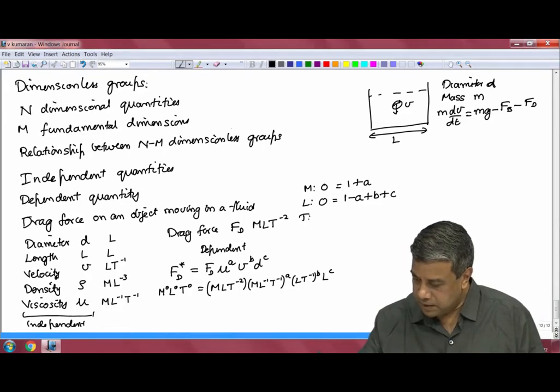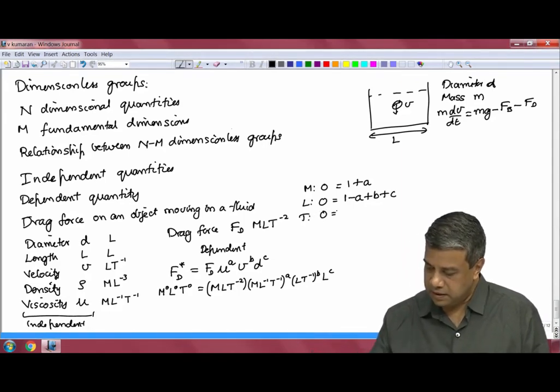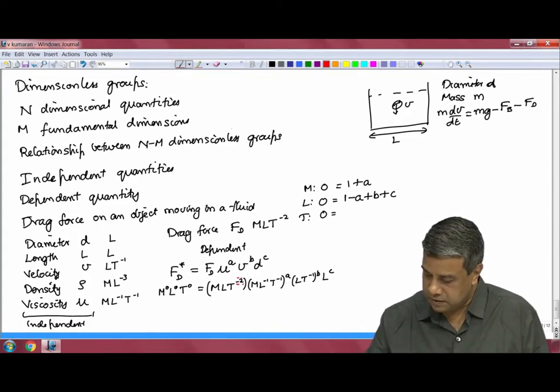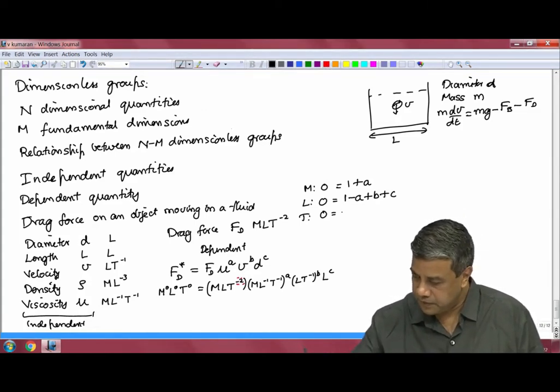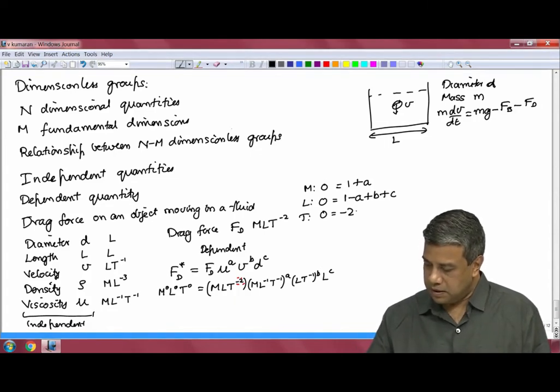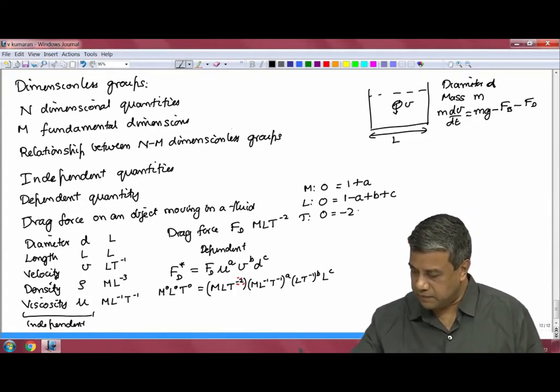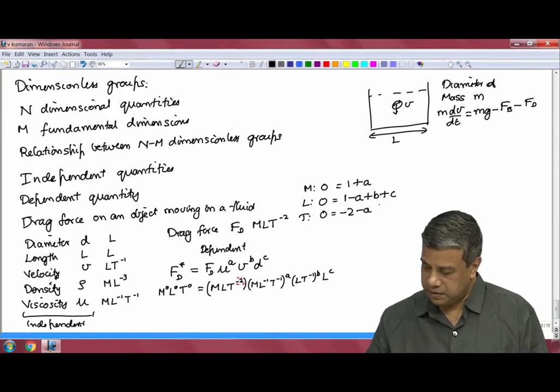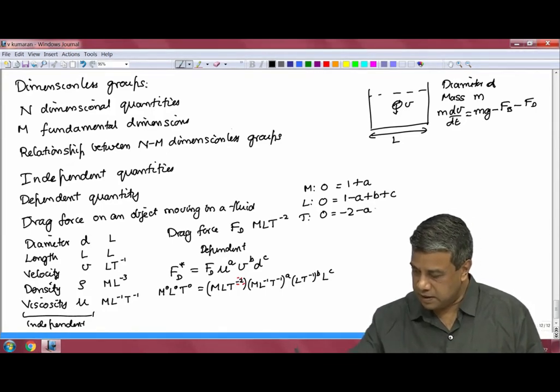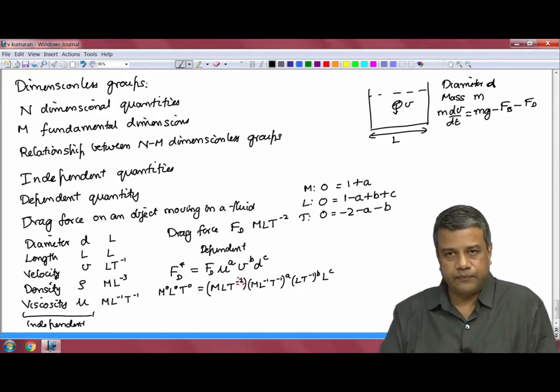And for the time dimension, 0 is on the left side. I have minus 2 as the exponent in the force. In viscosity I have minus a, and in velocity I have minus b.